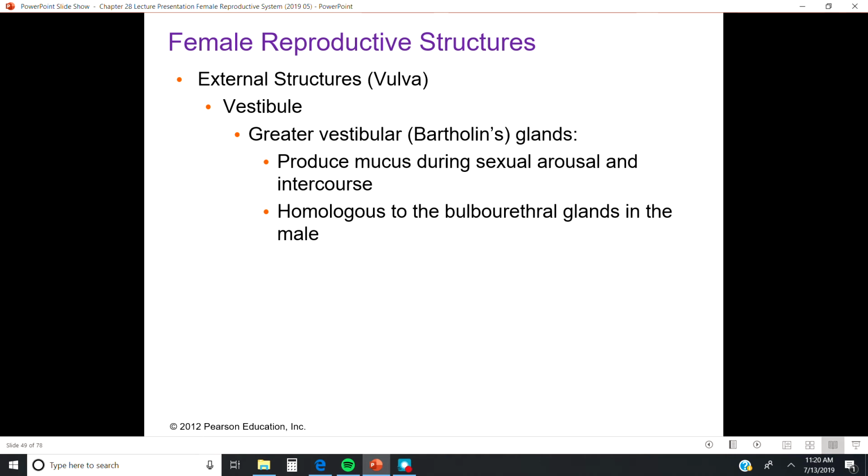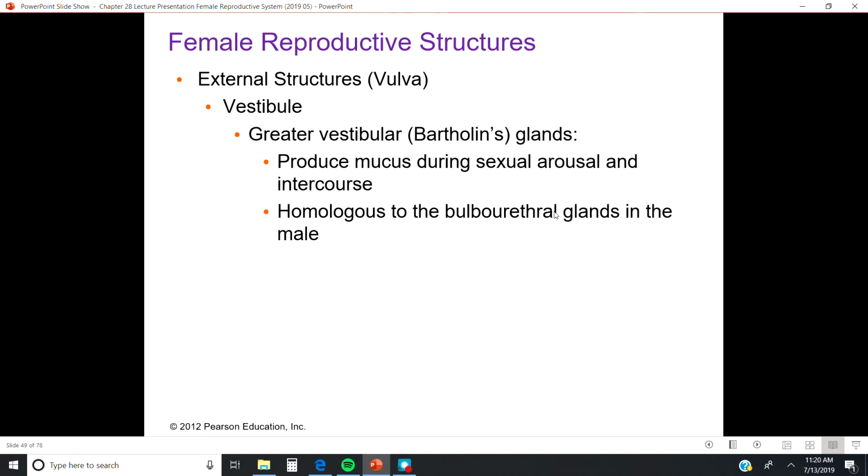So the greater vestibular gland is just like the Cowper's gland or the bulbourethral gland in the male. If you remember, the bulbourethral gland produced an alkaline, thicker secretion that wasn't part of semen. It was more about if the male had a sexual thought or sexual intercourse was going to happen. This prepared the urethra and also lubricated the glans penis.